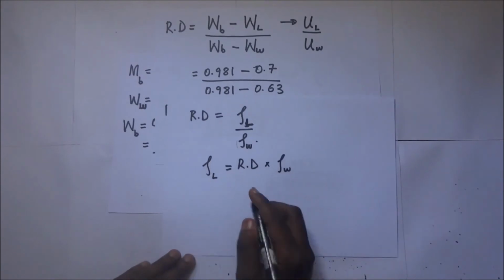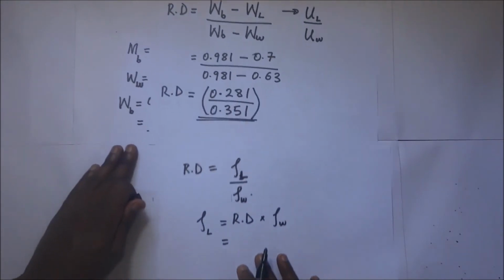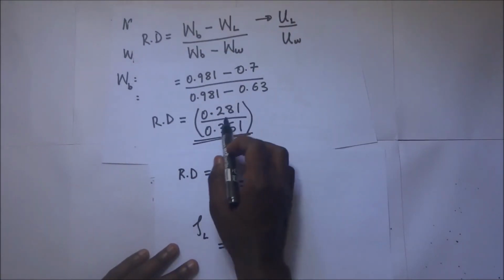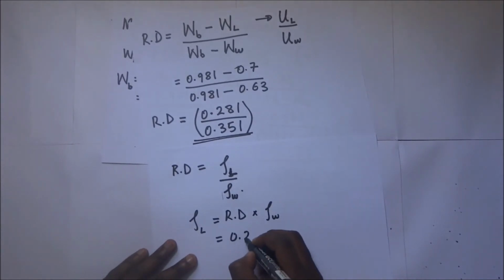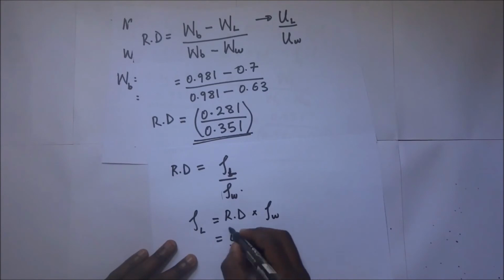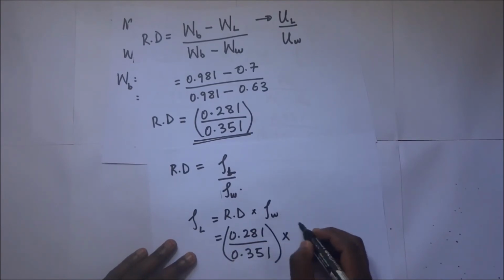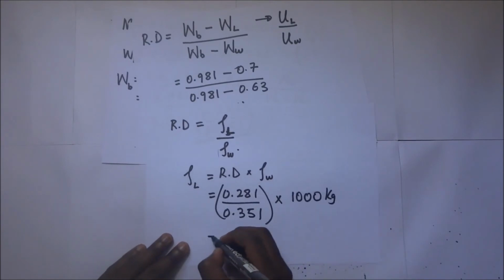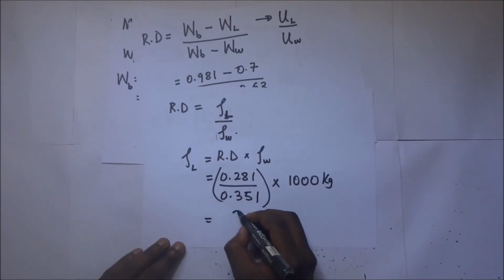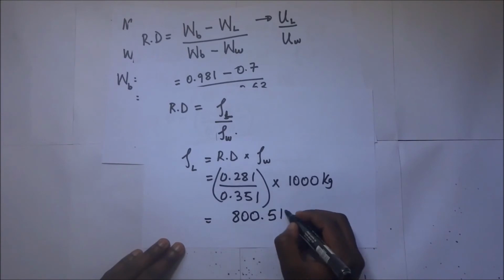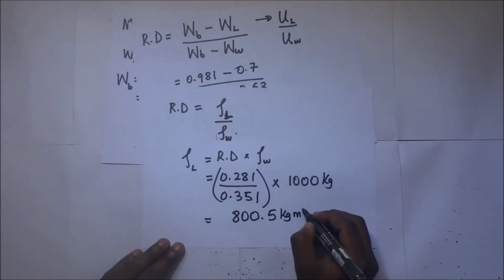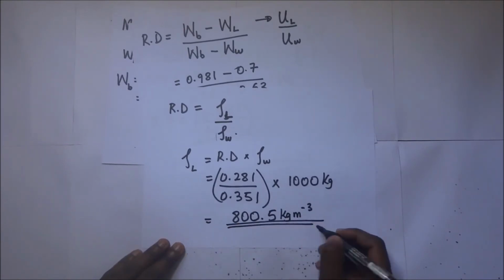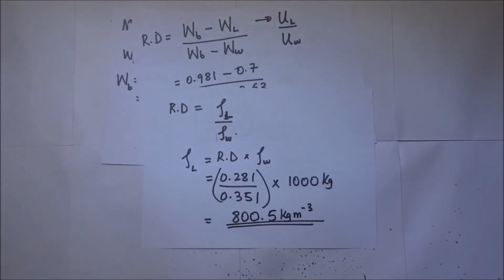Now in this case, it's the relative density of the liquid, which we got here as this over that, so it is 0.281 divided by 0.351, multiplied by the density of water, which is 1000 kilograms per meter cubed, and when we find that, our answer is going to be 800 kilograms per meter cubed, and that is the density of the liquid.